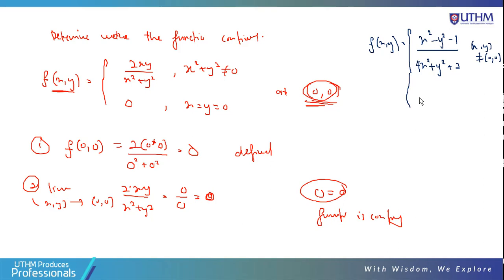And the second one says 1 over 2 when x and y equal to (0, 0). Okay, so determine whether this function is continuous or not continuous at (0, 0).